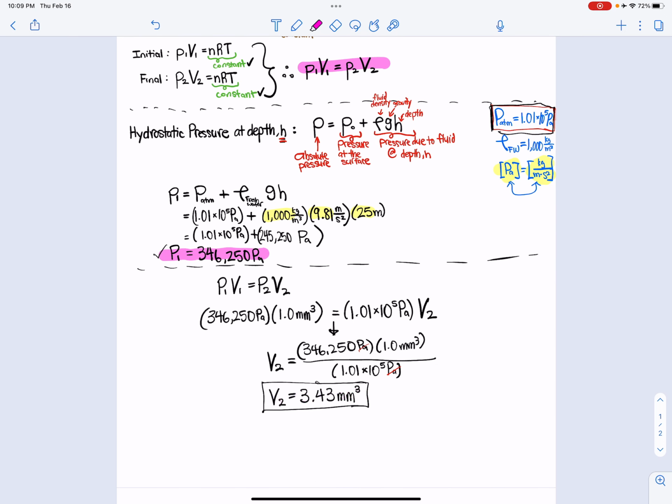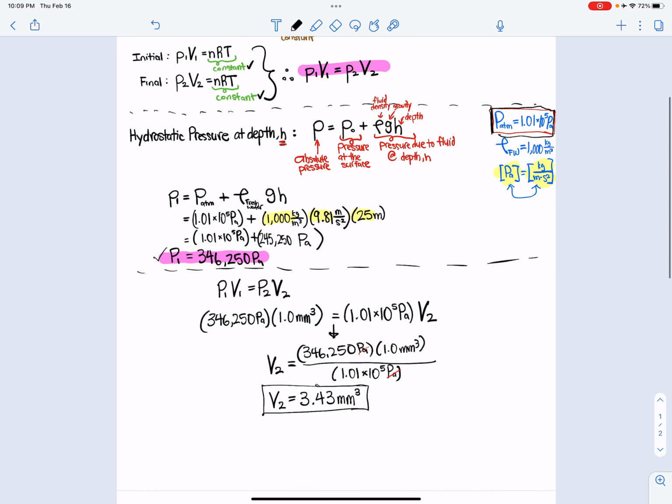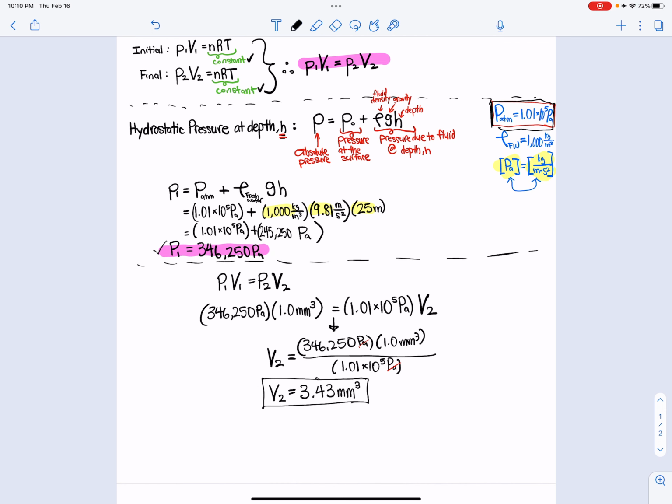3.43 cubic millimeters. It's also asking us, does it seem that this difference is large enough to be a problem? Well, our initial volume was 1.0 cubic millimeters. Our final volume was 3.43 cubic millimeters, right?